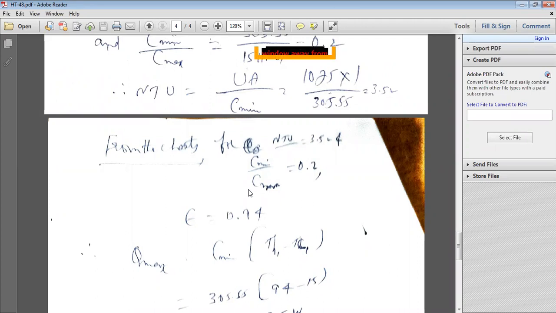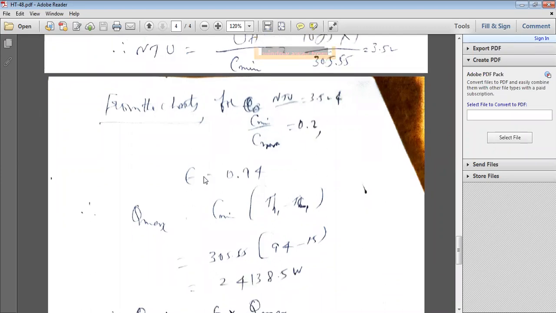If you observe the data book, there are some charts available for the calculated value of 3.52 of NTU and for the calculated value of C minimum by C max 0.2. From this, you will get the effectiveness 0.94 from the charts.